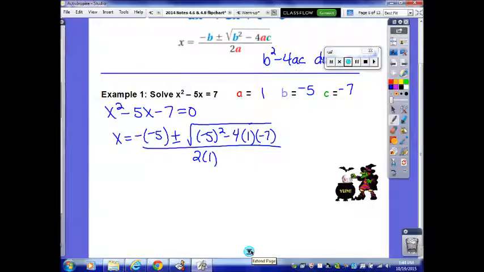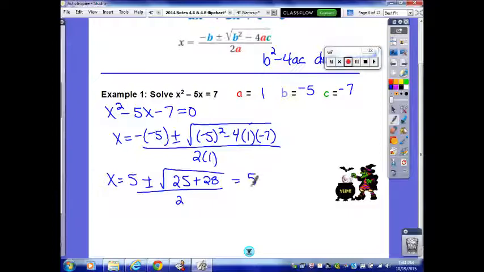Alright, now it's just got to clean it up. So we're going to have 5 plus or minus the square root of 25 plus 28 all over 2. Alright, just simplifying. 5 plus or minus, add 25 and 28 together and you're going to get 53 all over 2.